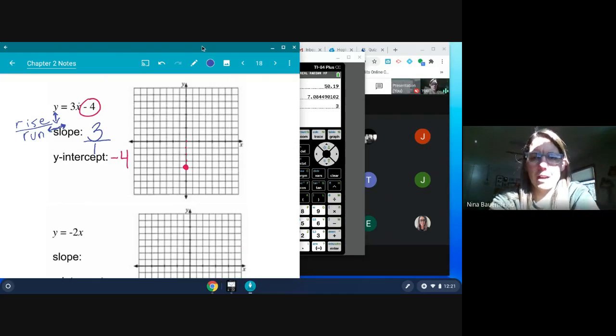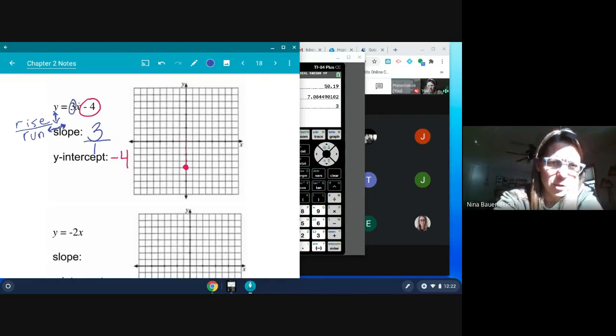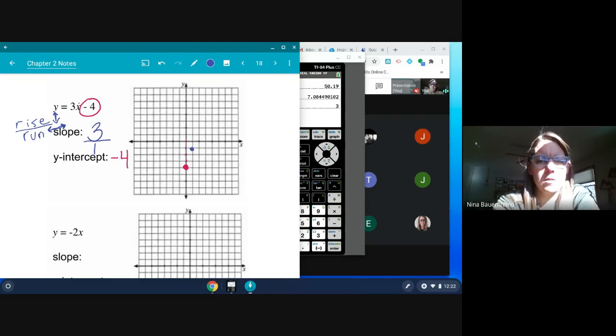So we still have 3. We haven't changed the value at all. So if there's only a whole number, you can always put a 1 on the bottom. Then from the pink dot, you rise 1, 2, 3, and you run 1. Rise 3, run 1. Or down 3, backwards 1.